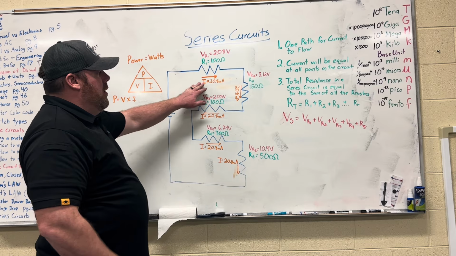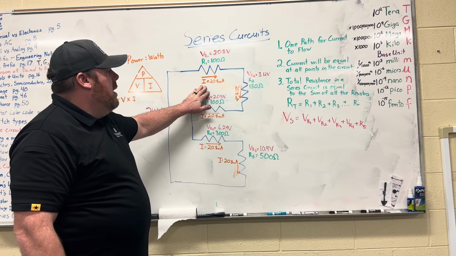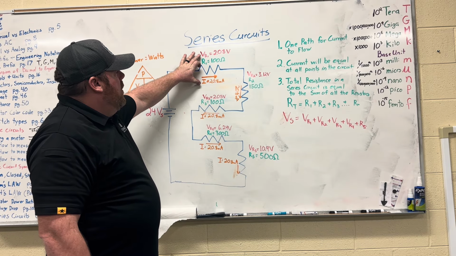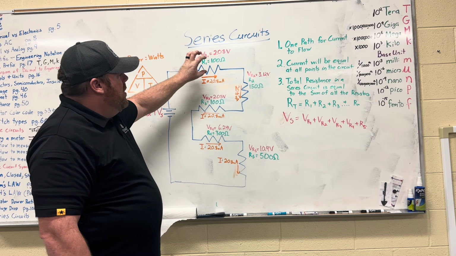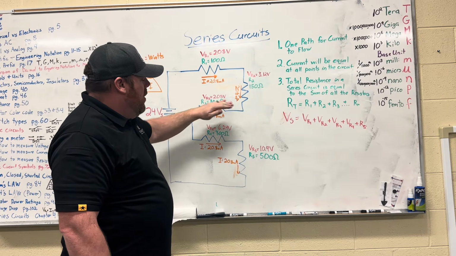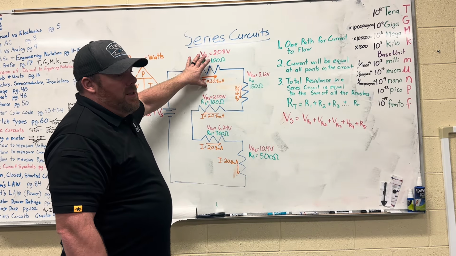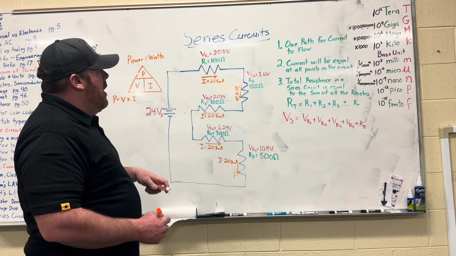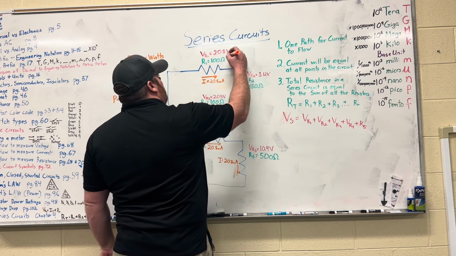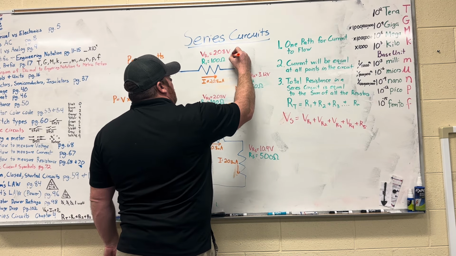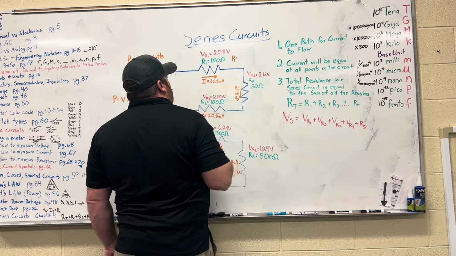In this case, we know the current. We solved for that earlier. And we know the voltage drop at that point. So we're still focused on the one resistor, not the whole circuit. What we're looking for now is the power consumption of resistor 1, so we're going to call this P at 1.